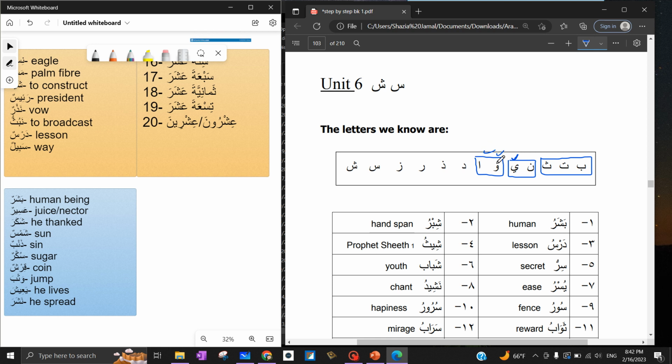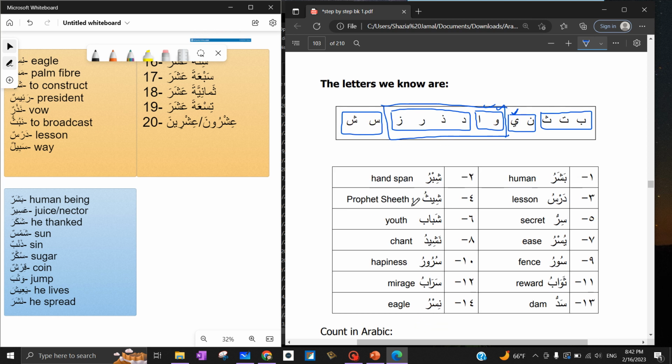And then we did these 4 letters in one unit. From here to here, these are all non-connectors. We completed all the non-connectors, and then in unit 6 we did seen and sheen. They are identical letters, that's why they were given together in this unit.